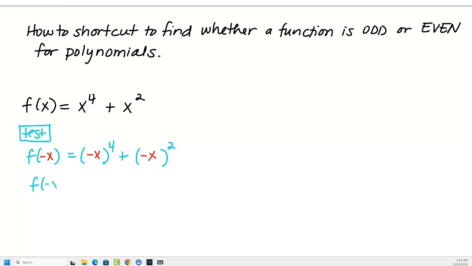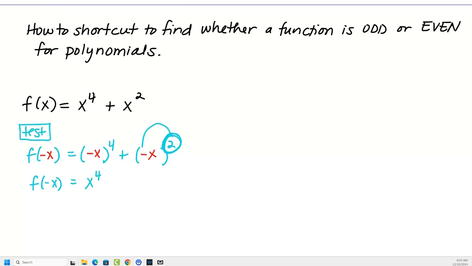And so when I simplify this, when I apply that fourth power to the negative, isn't it going to turn it to a positive? And so this becomes positive x to the fourth. And the same thing here with the 2. When I apply that to the negative, isn't that going to turn it to a positive also? And aren't I going to get x squared? Okay. Are these the same as the original?